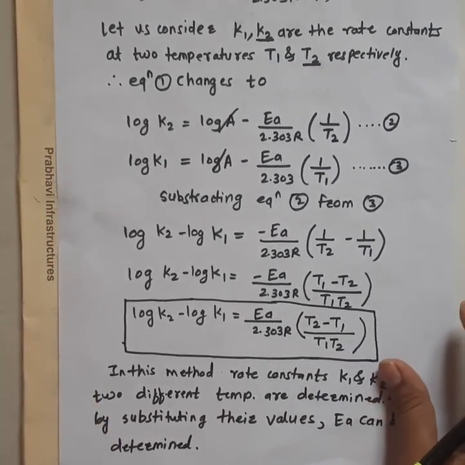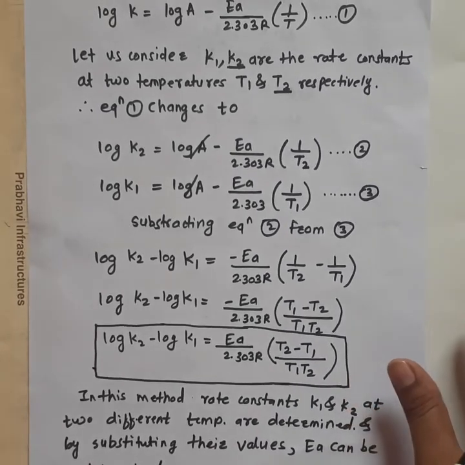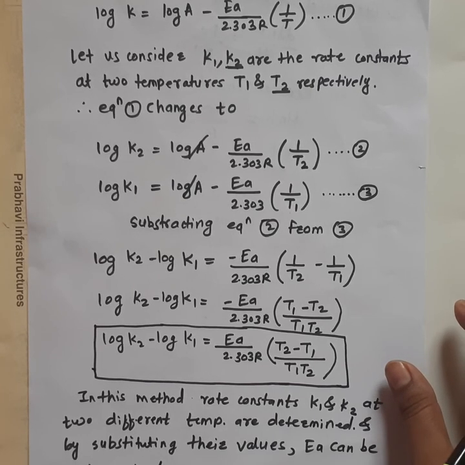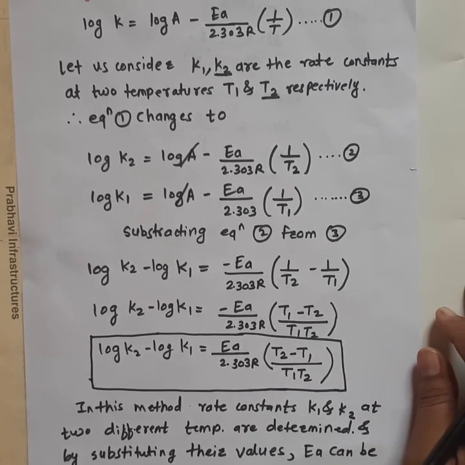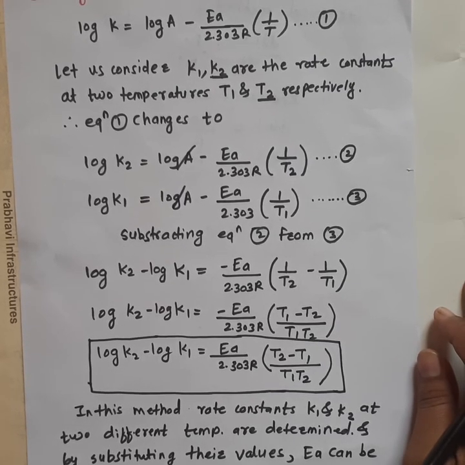Thus, we have studied how to determine energy of activation by the graphical method and by the analytical method. In the next lecture, we will study different problems to determine energy of activation.